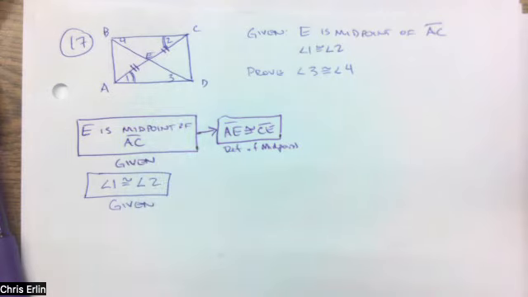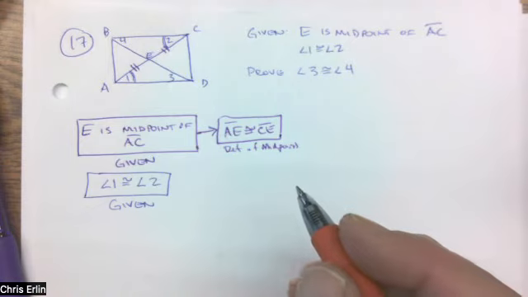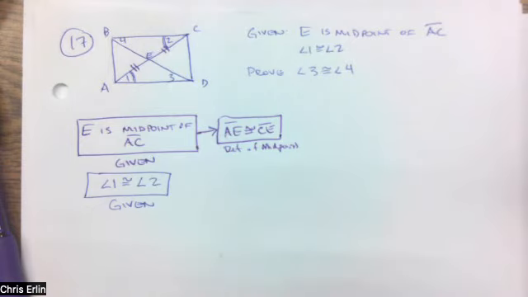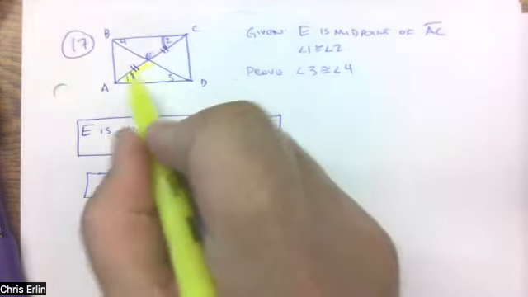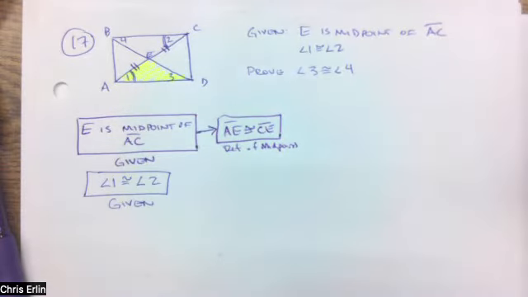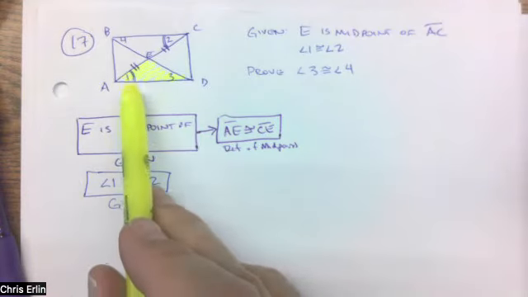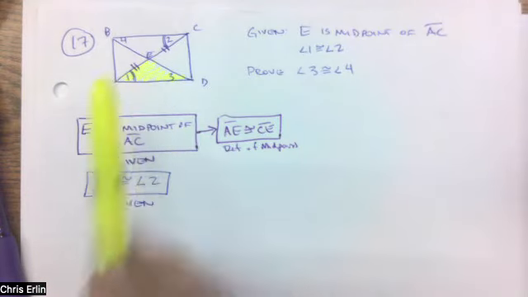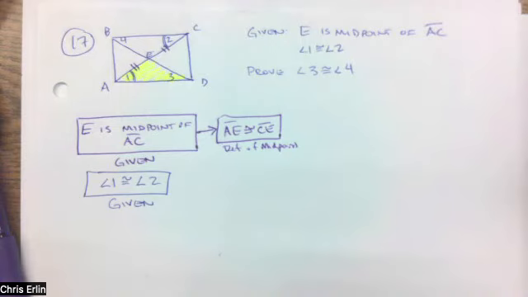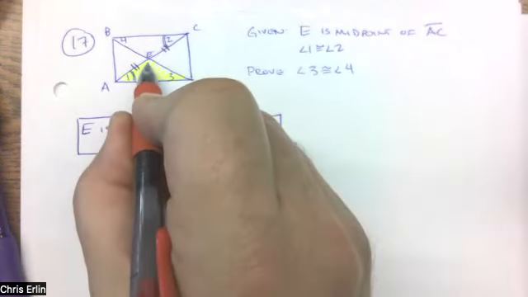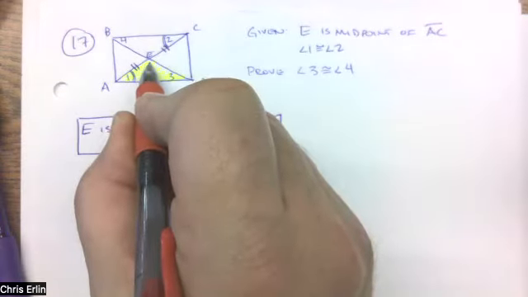Do it with triangles. Do you see the 2 triangles we're dealing with? That triangle's already got 2 pieces of information, doesn't it? I've got an angle and I've got a side. What do I need? What about this?